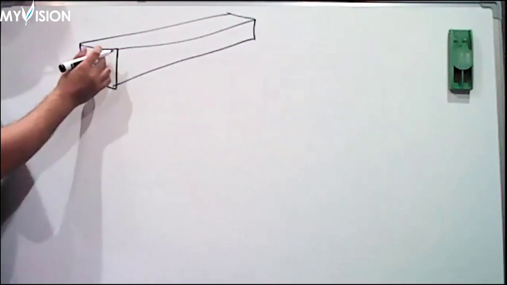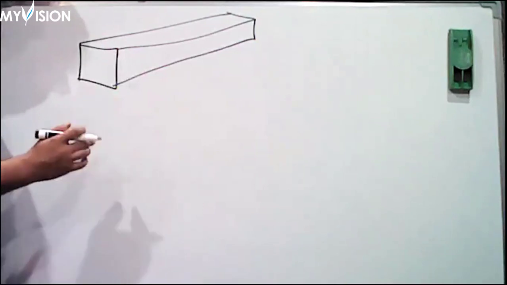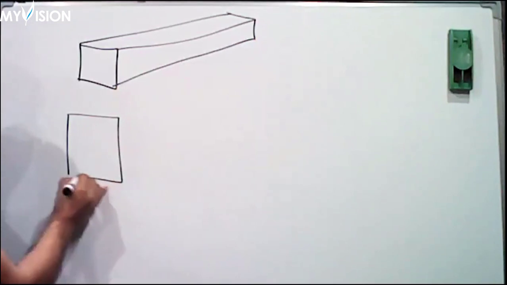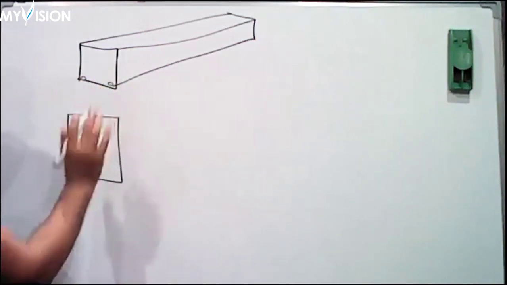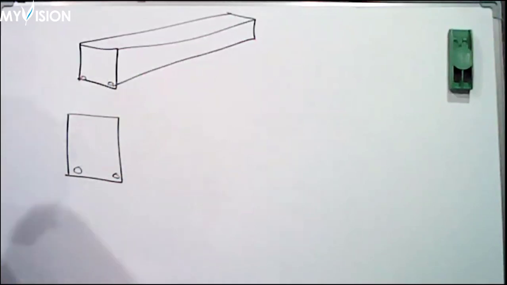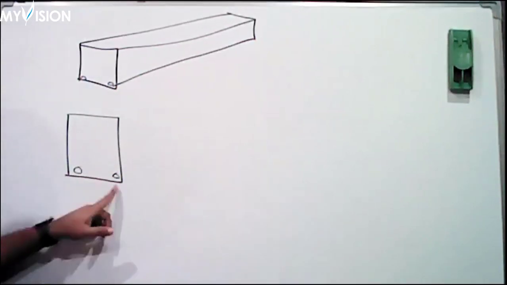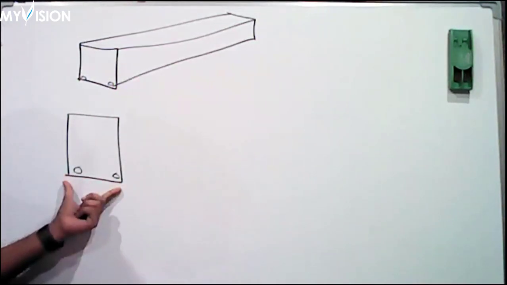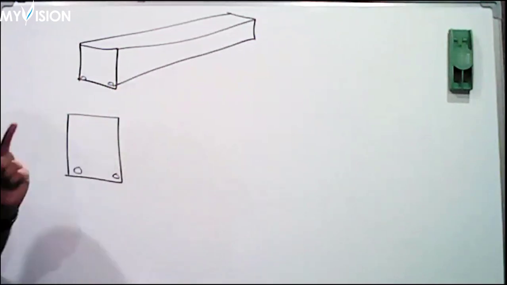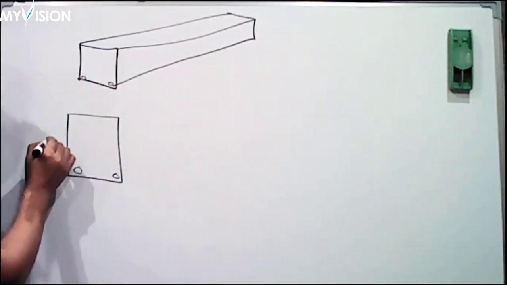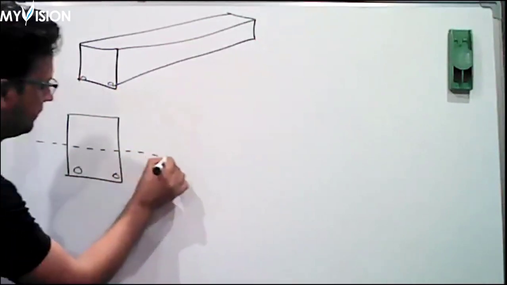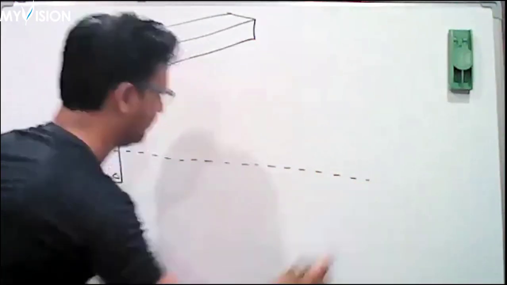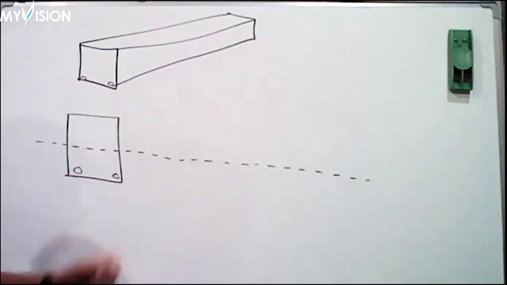We always consider this cross section of the beam. Let's draw the cross section. The steel is predominantly on this side. This part of the beam will be considered the tension part, and this part will be considered the compression part. Let's draw a neutral axis.